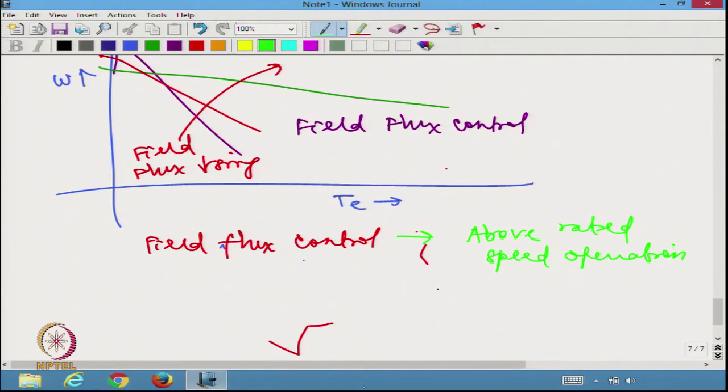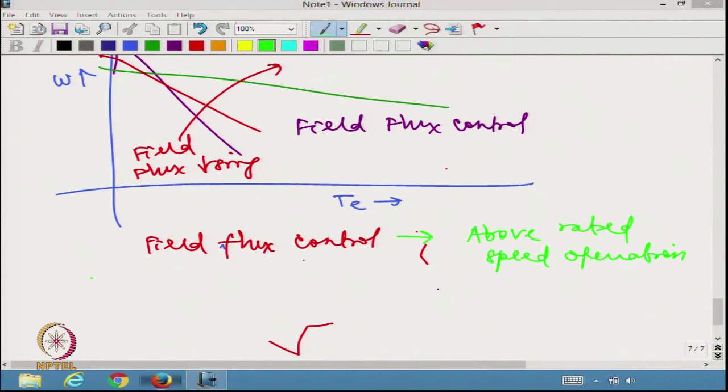So, please analyze the dynamics on your own and then come to a reasoning as to why you will have initially some oscillations before it settles down to a speed which is higher than the original speed.